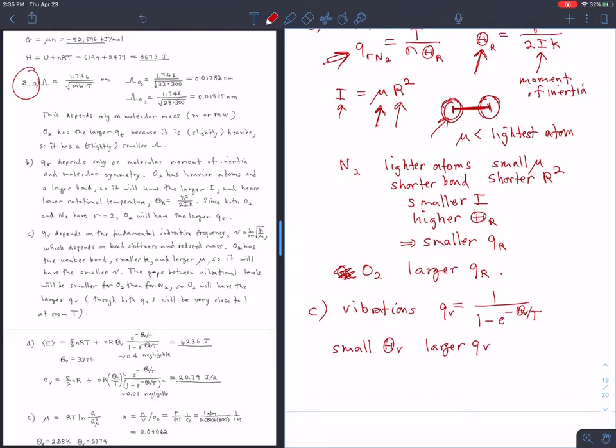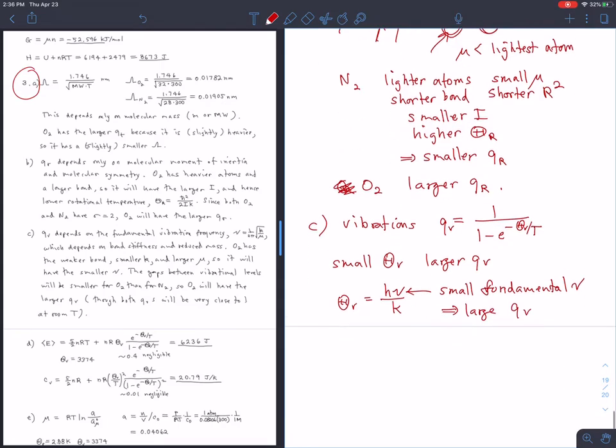So we're looking for things with small vibrational temperatures, and the vibrational temperature, remember, is equal to h times the fundamental frequency divided by k. So we're looking for small fundamental vibrational frequencies that will cause large qv.